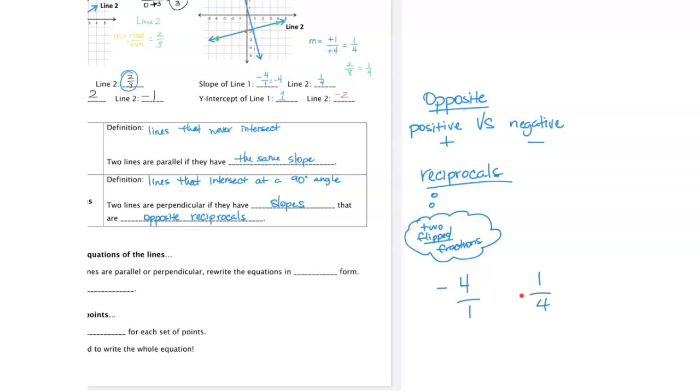And they also have that reciprocal thing going on: 4 over 1 versus flipping it, which becomes 1 over 4. So these would be considered opposite reciprocals. One is negative, the other is positive, and the numbers have been flipped.